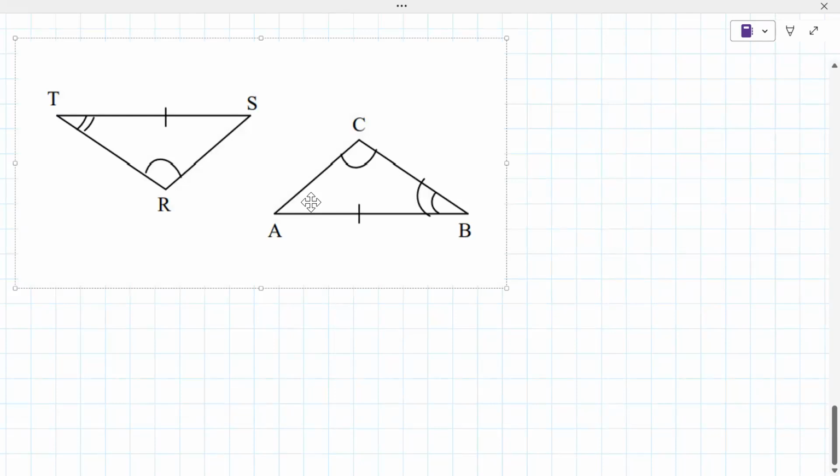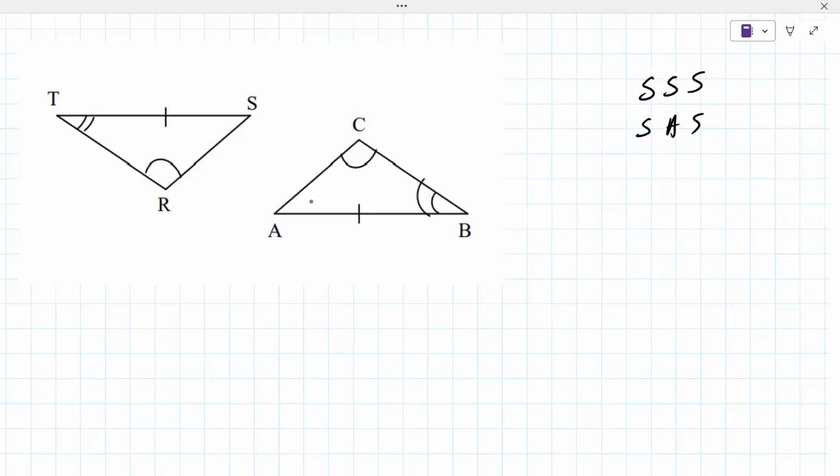Is this side-side-side, side-angle-side, or angle-angle-side? What do you see? Side-side-side, I believe. I'm not really sure.